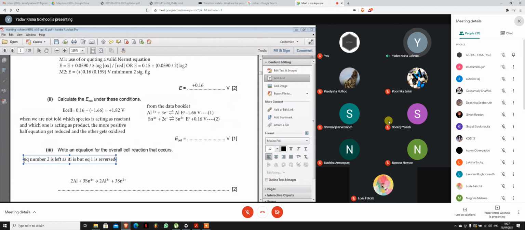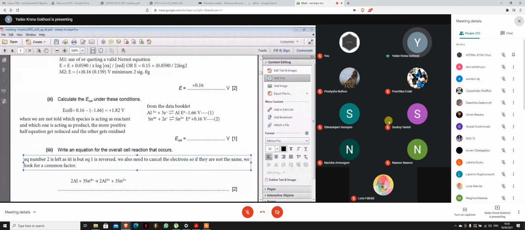So here I need to reverse the equation number 1. It is going to become Al, reversible sign, Al3+ plus 3 electrons. We also need to cancel the electrons. So if they are not the same, we look for a common factor.